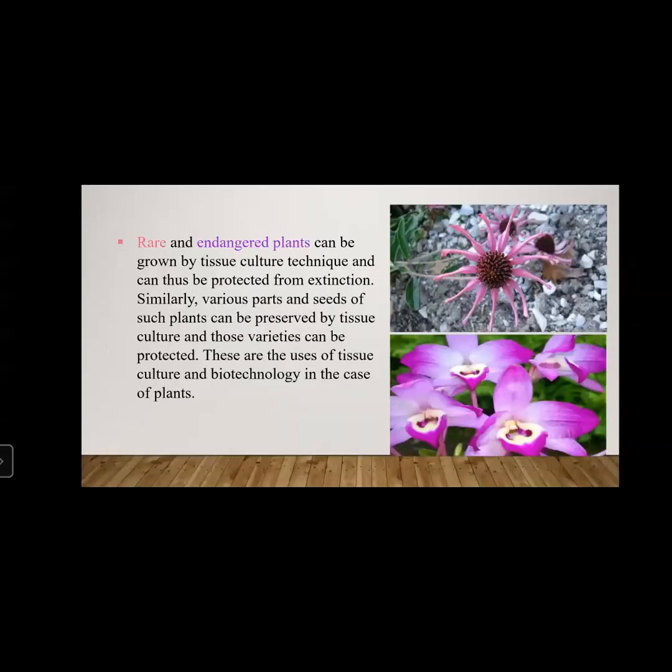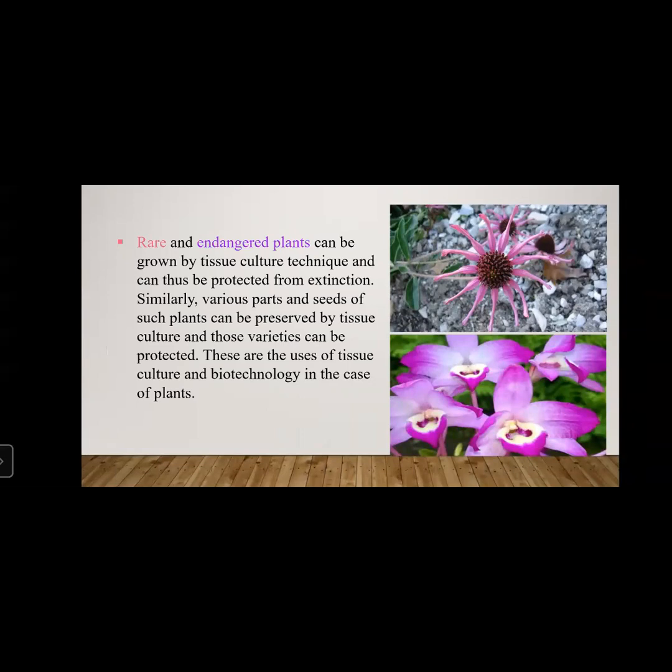Biotechnology is also used for protection of rare and endangered species. Now, first, what are endangered species? The organisms whose number is getting lowered. Means first they were present in lakhs or thousands, but now they are present only in hundreds.